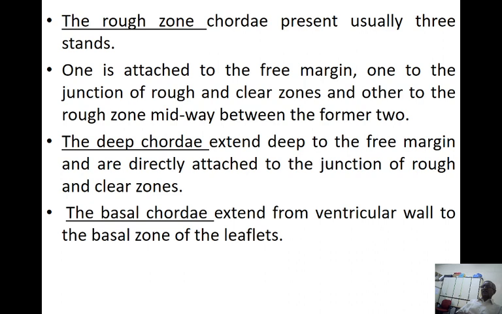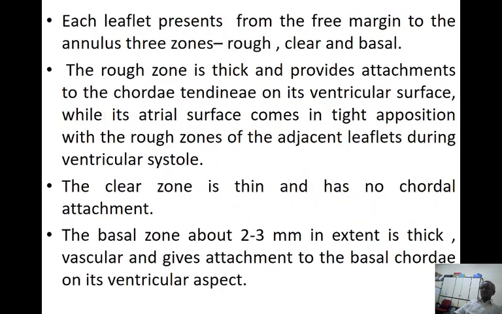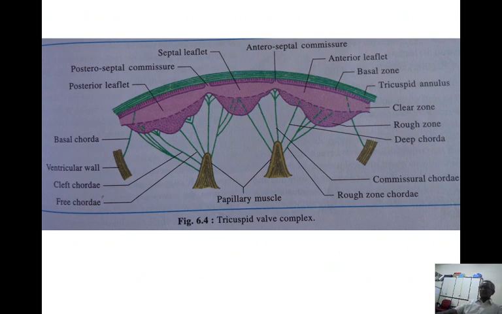The rough zone chordae present usually three strands. One is attached to the free margin, one to the junction of the rough and clear zones, and the other to the rough zone midway between the former two. So here, this one, the rough zone chordae, is having three strands.